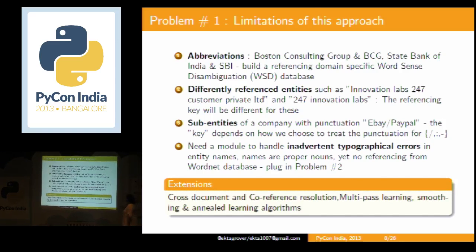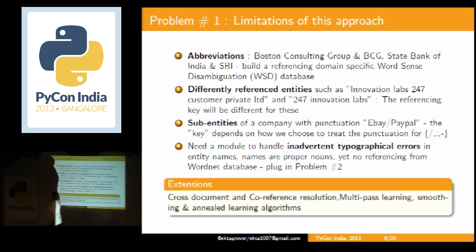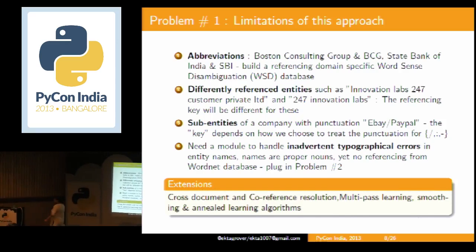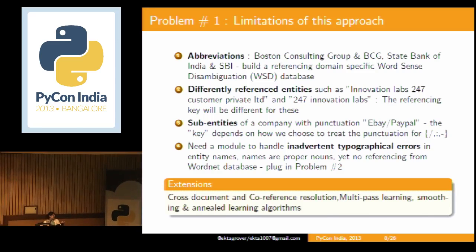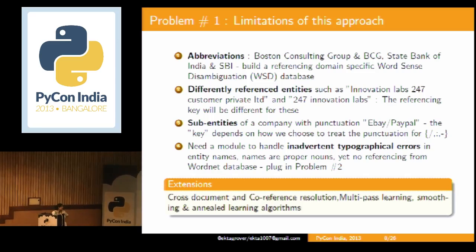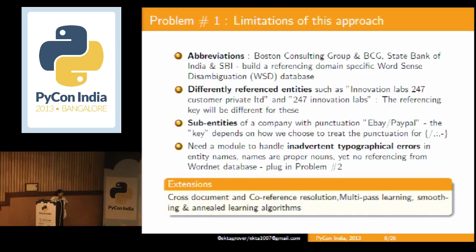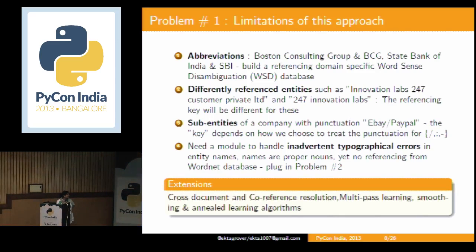Then you need a module that will handle typos, because it's free text, and that's where problem number 2 comes in. A couple of words about what else you could do with it. I said that with pre-processing you spend a lot of time with the data, which is where most of your multipass thing comes in. Then you have simulated annealing algorithms.